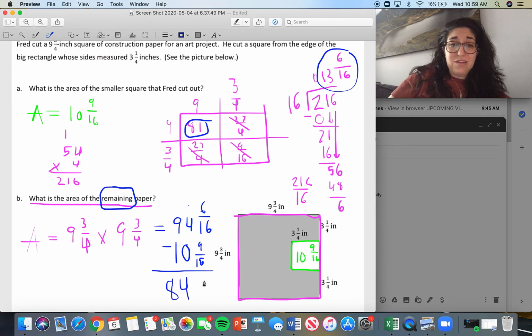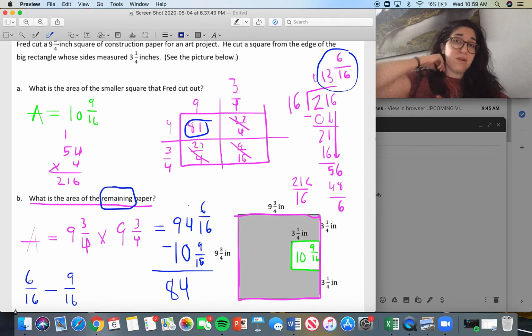I still need to subtract 6/16 minus 9/16, and I'm going to do that over here for a reason, which, if you'll notice, I cannot take 9 away from 6. I can't do that, right? Or I could, but I'd end up with a negative number, which is not what I'm looking for here.